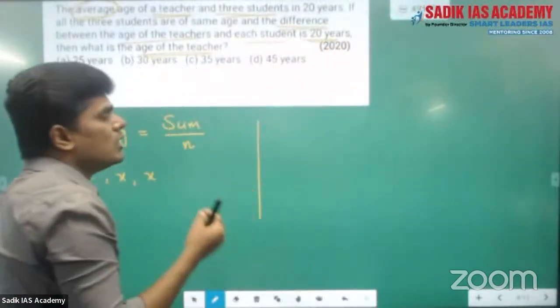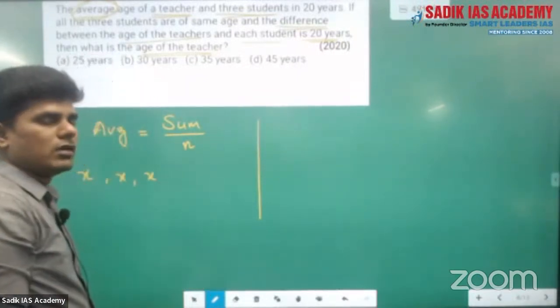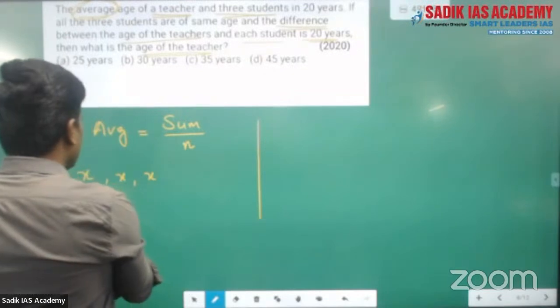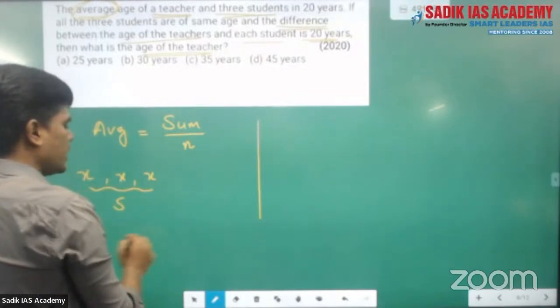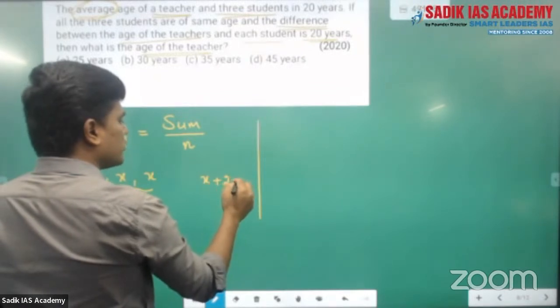That means the teacher is 20 years older than the student. If the student's age is X, the teacher's age is going to be X plus 20.